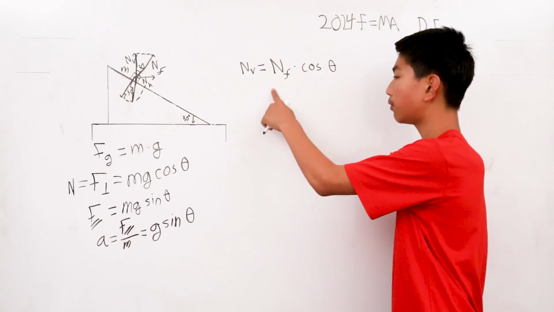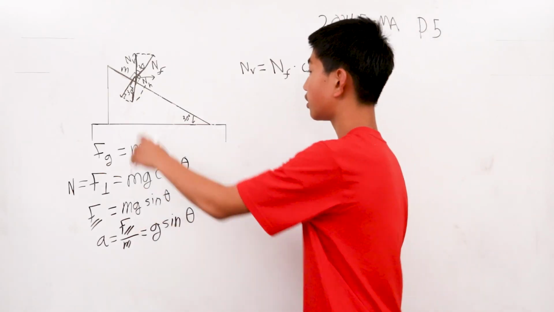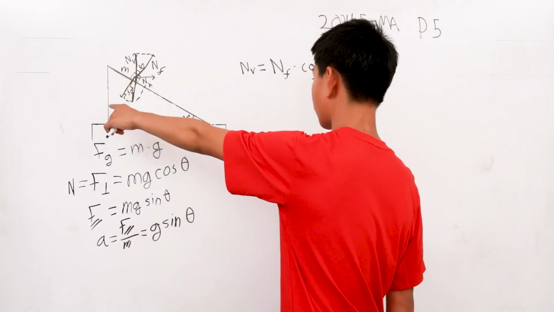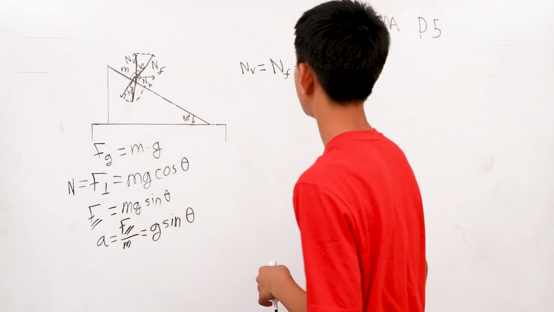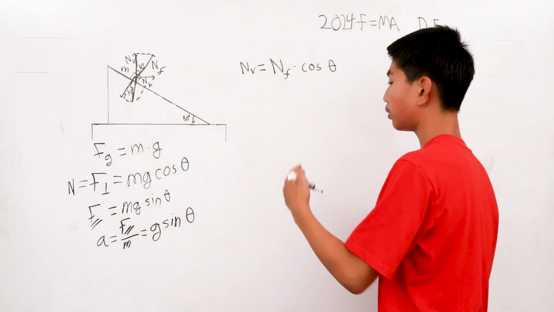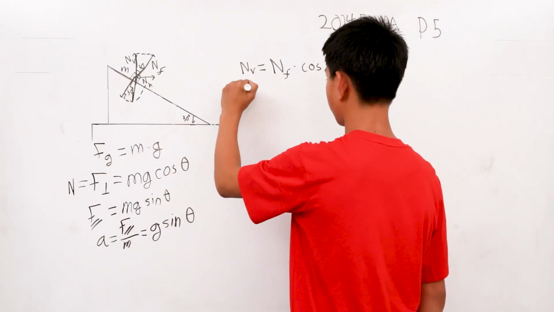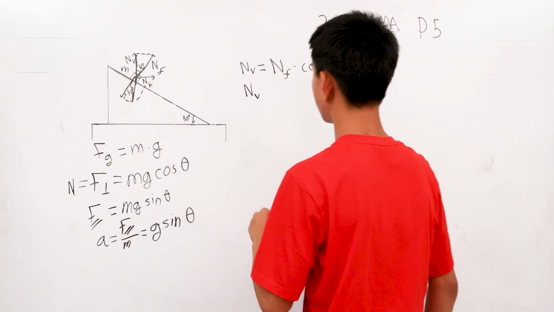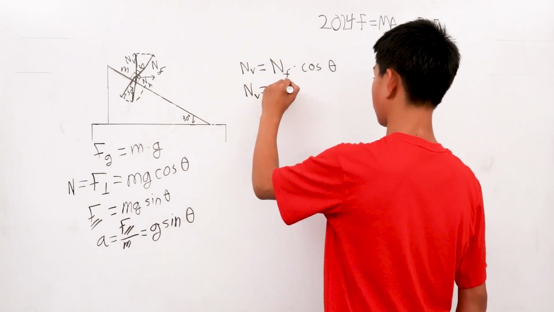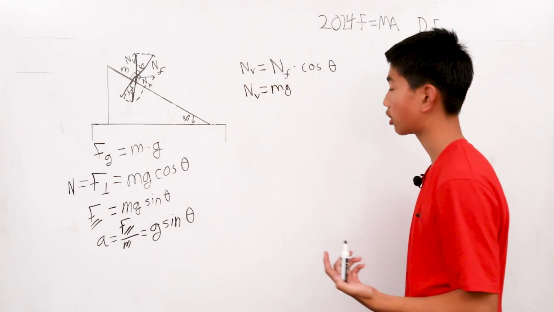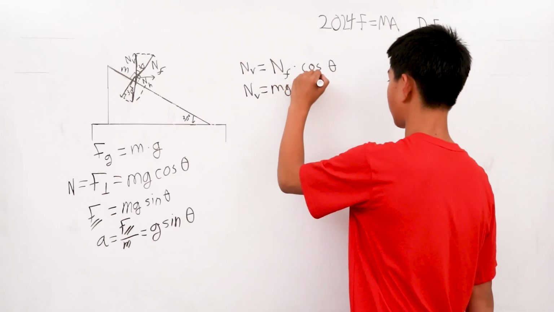Now, since this normal force is equal in magnitude to the perpendicular force pulling down on it, we can plug in mg cosine theta for n sub f. So the vertical force is equal to mg cosine theta times cosine theta, which is mg cosine squared theta.